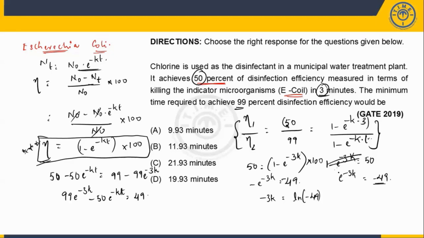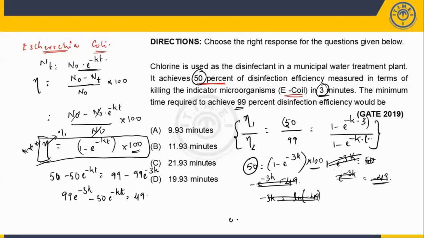Since 50 is in percentage, we have it in 100. Eta is in percentage, so here we have 100. The same 100 we should have here as well.